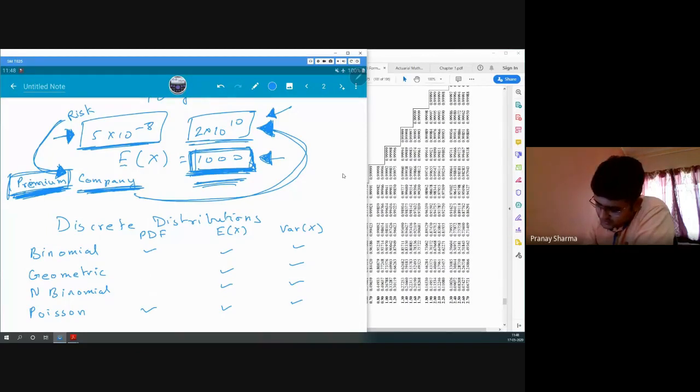Again, you can skip remembering expected value and variance for the negative binomial, because you can definitely find that in your table. But if you remember it, you are saving a few milliseconds in your examination. That few milliseconds or few seconds makes a big difference if you're doing it again and again, right?